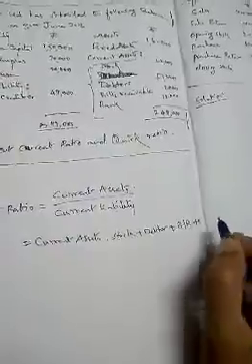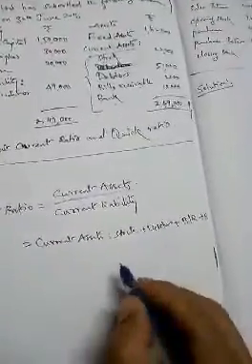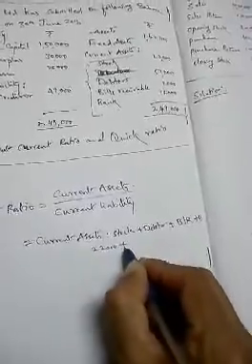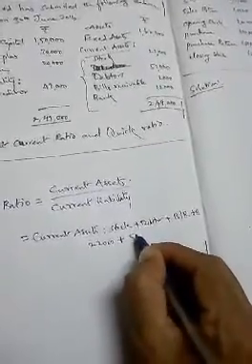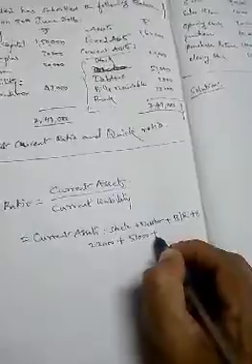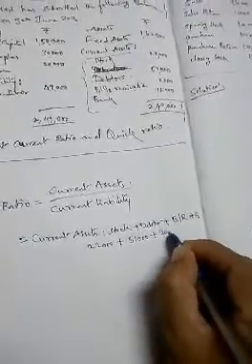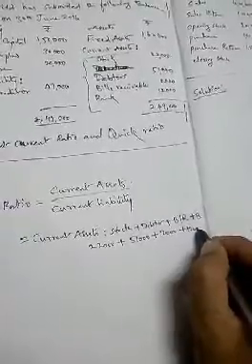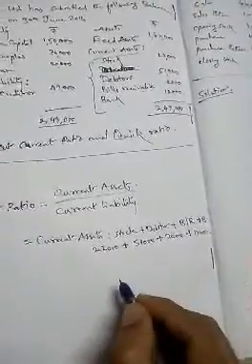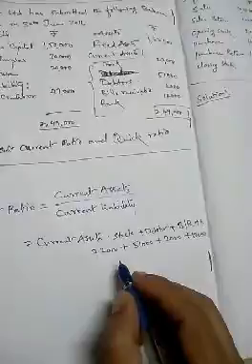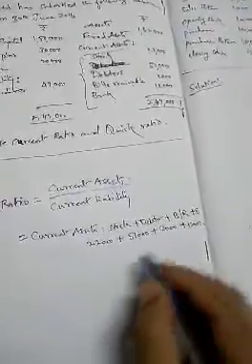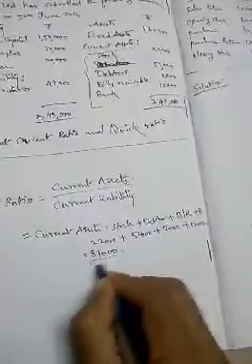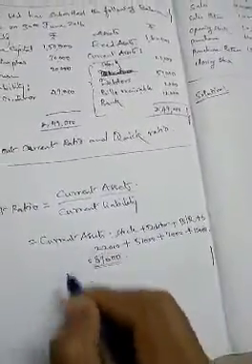So write the amounts: stock 22,000 plus debtor 51,000 plus bills receivable 2,000 plus bank 12,000. All together you get 87,000. 87,000 is the current assets.